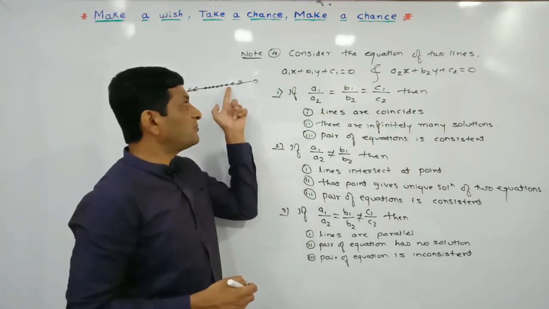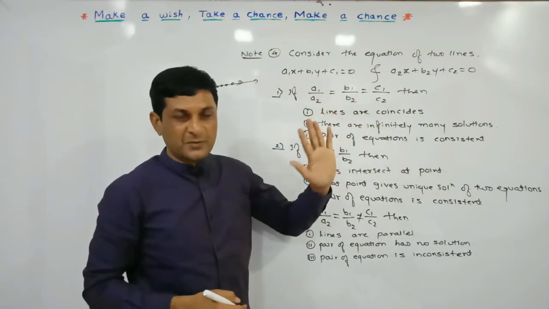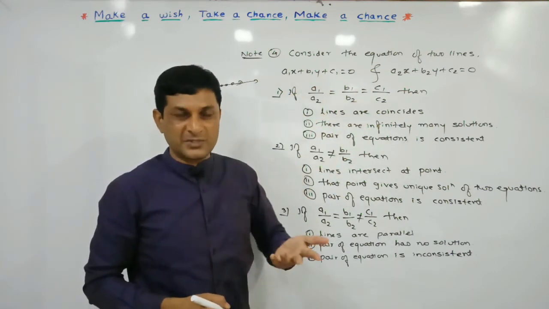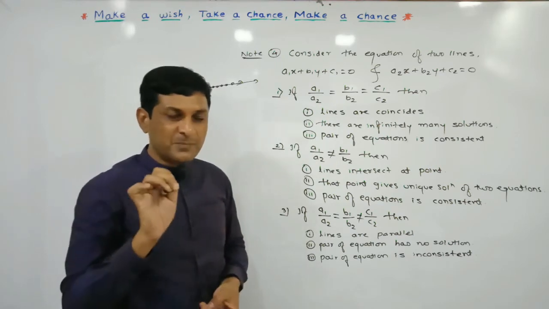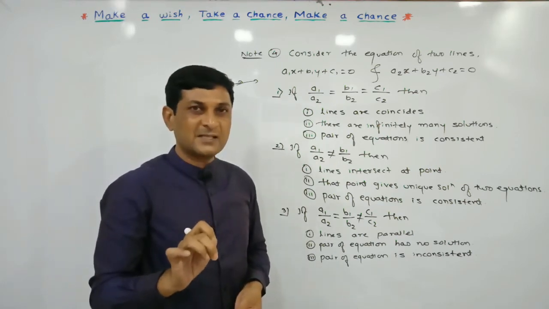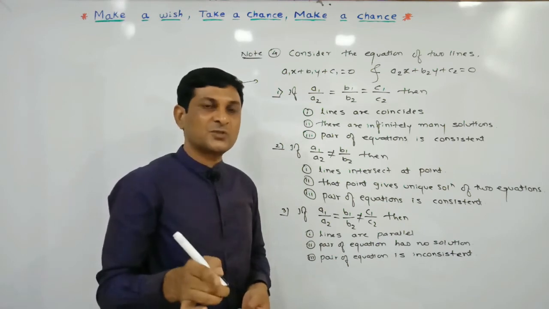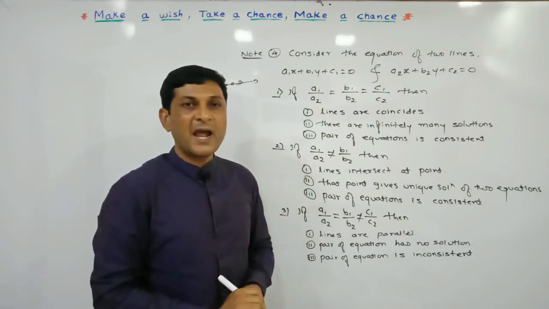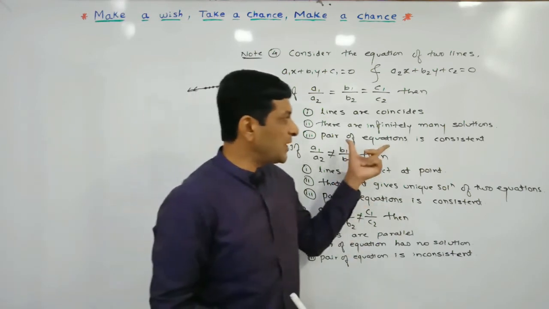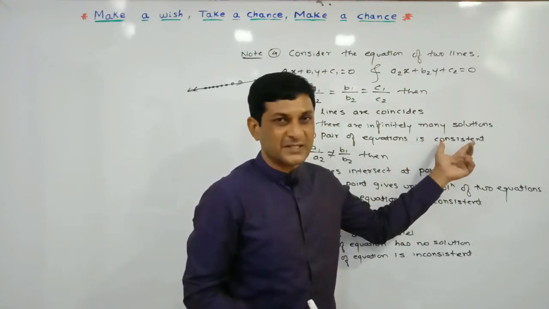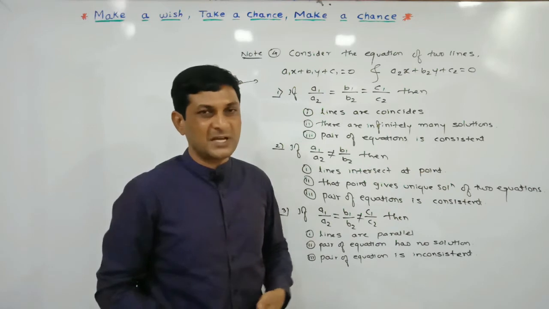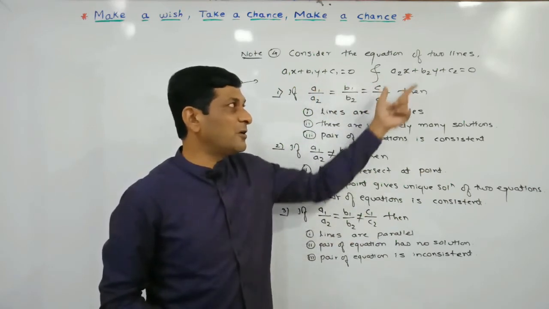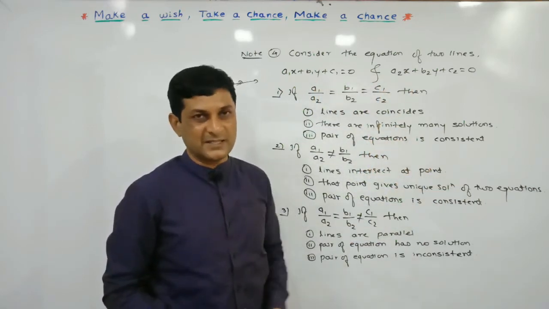The coordinates of such a point satisfy both the equations, which means it is a solution, and in this case how many solutions are we getting? Infinite. And if a pair of lines has at least one solution, at that time we can say that the pair of equations is what? Consistent. But in this case, instead of one solution, infinite solutions are there. That's why we can say that the pair of these equations is consistent.